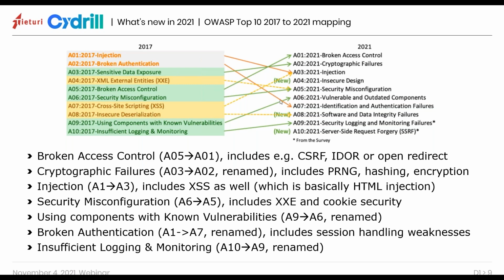And because this problem can happen if an XML parser is misconfigured, that is why it was merged into the misconfiguration category. And this category also contains some security topics that were previously discussed in different contexts, such as the security of cookie handling. But in general, any kind of issue that is related to incorrectly configuring some component goes into this category.